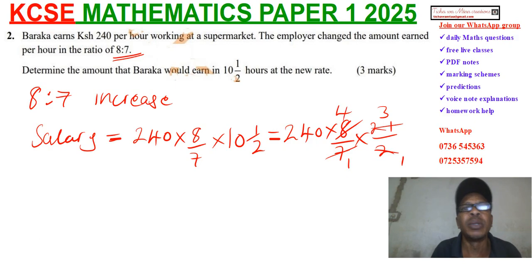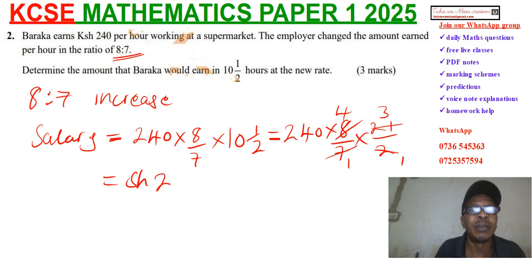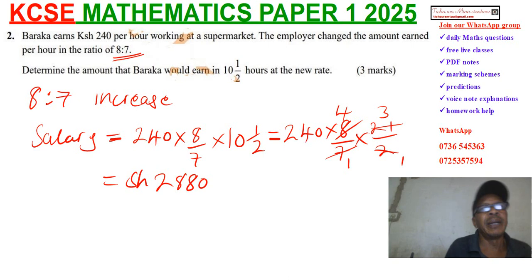So this means that we multiply, using your calculator, 240 times 4 times 3, and when you do that, you get Kenyan shillings 2,880. That is the amount that you earn at the new rate. So that is how we do that.